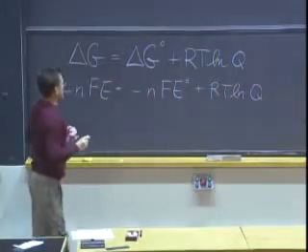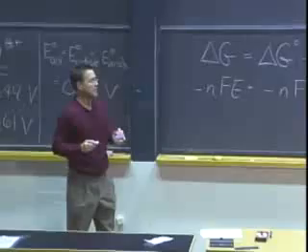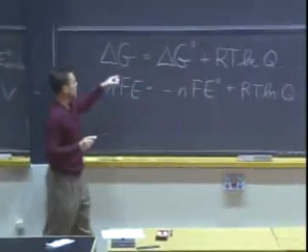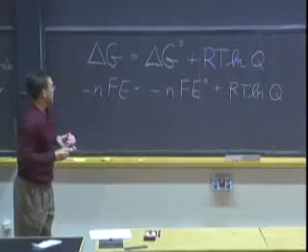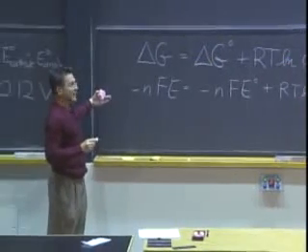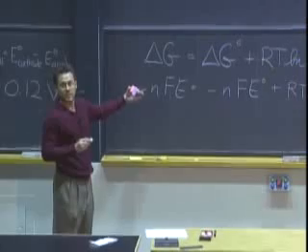And all I've done now is substitute minus nFE and minus nFE0 in for delta G and delta G0 for the reaction. And now I want to go through and divide by minus nF.